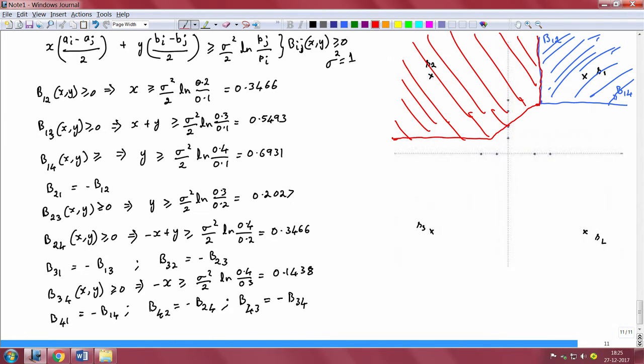Similarly, for S3 I will use a different color. Between S2 and S3 we already have this boundary. Between S3 and S1 we have a boundary which goes like this, and between S3 and S4 the decision boundary is 0.1438.